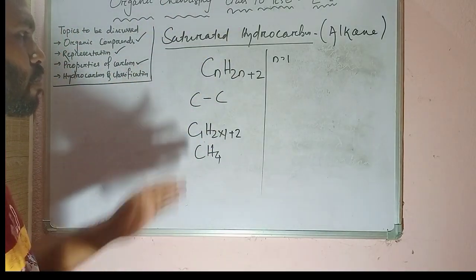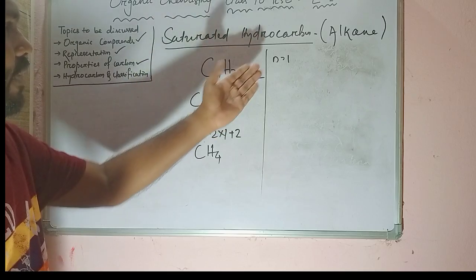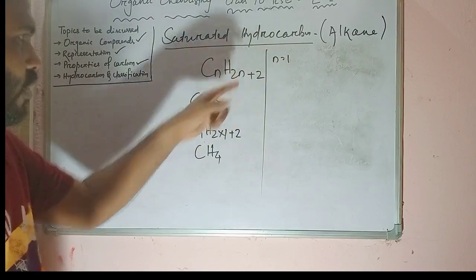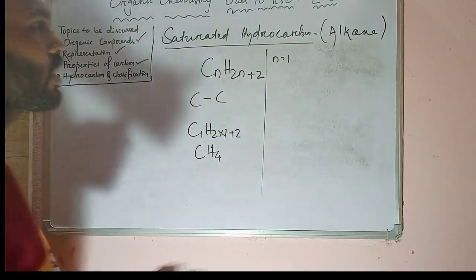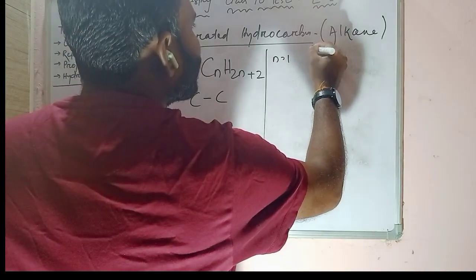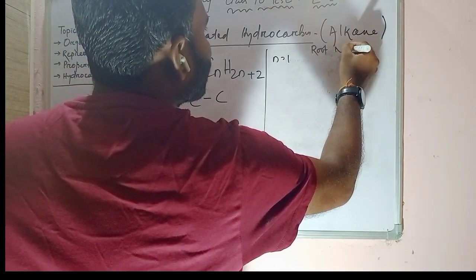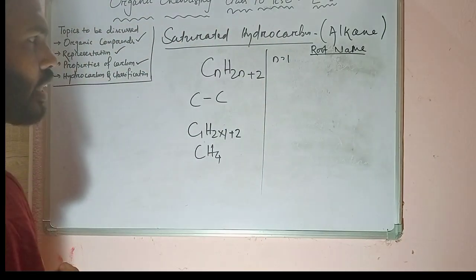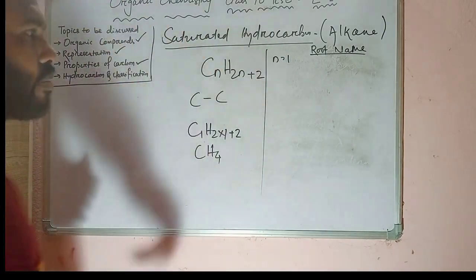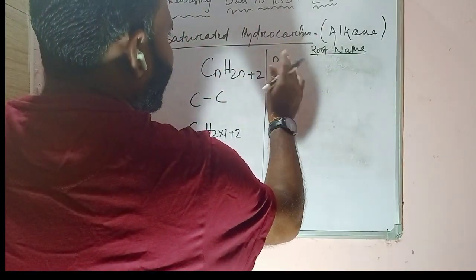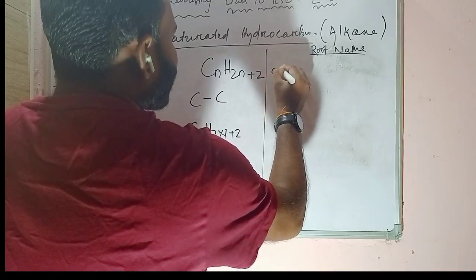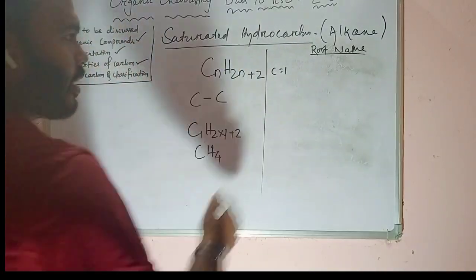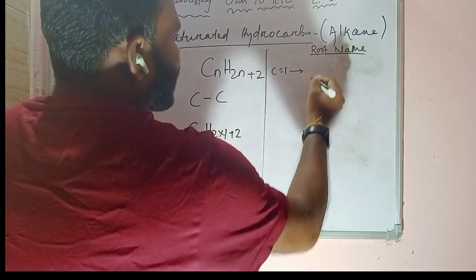Now let's write the values of n in this form of carbon, that is also known as your root name. So when n equal to 1, that means the number of carbon will become 1, and the word root will be meth.